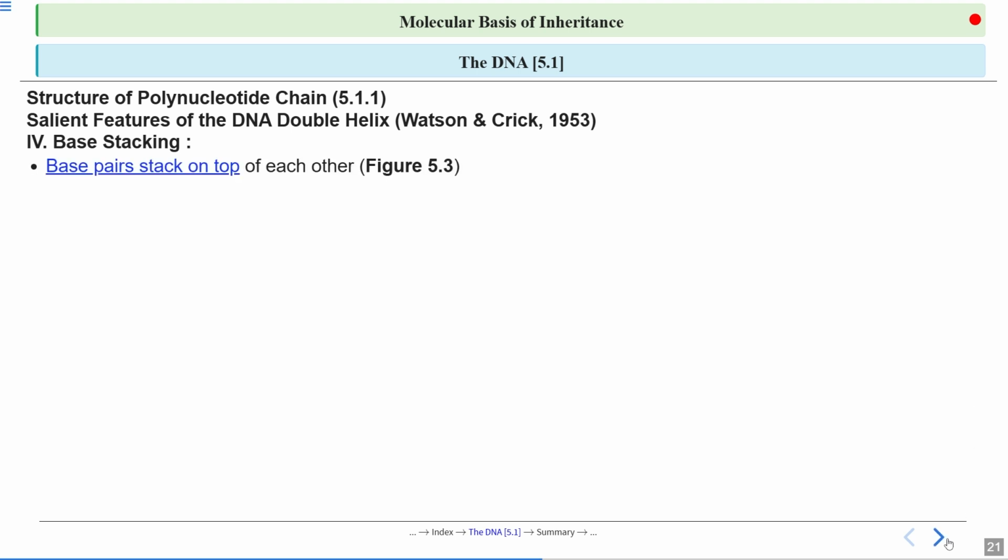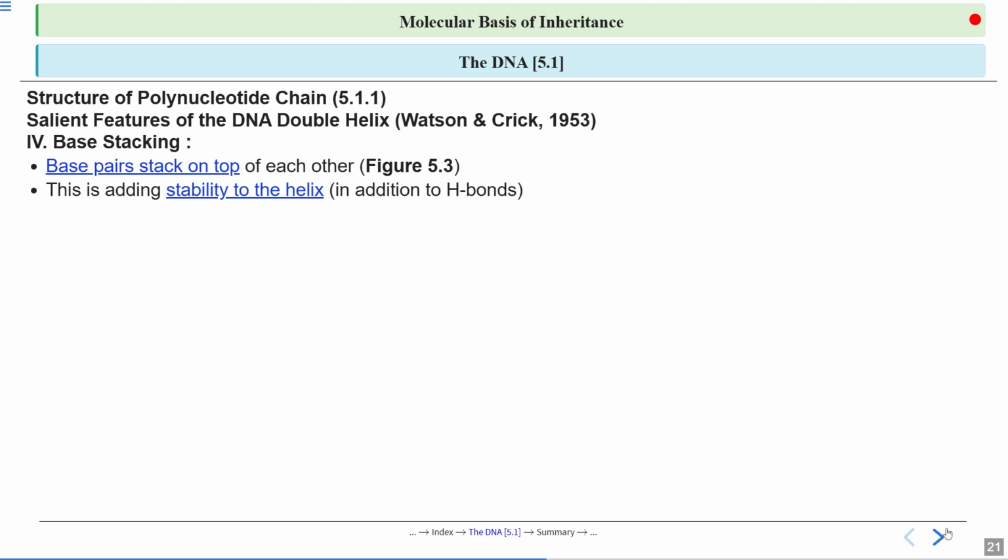The other feature is base stacking. Base pairs stack on top of each other, which we have seen in the previous pictures also. This is adding stability to the helix in addition to the H bonds.